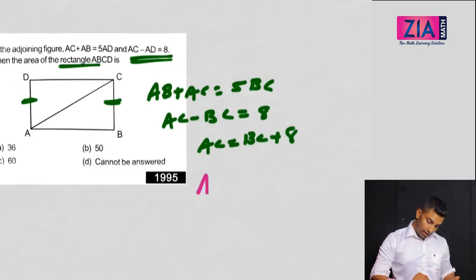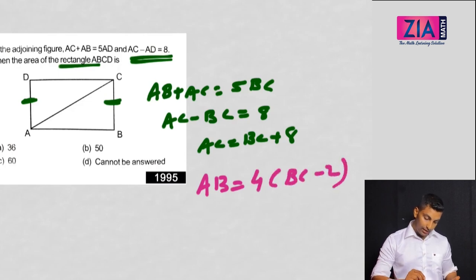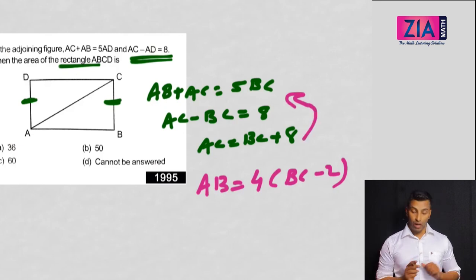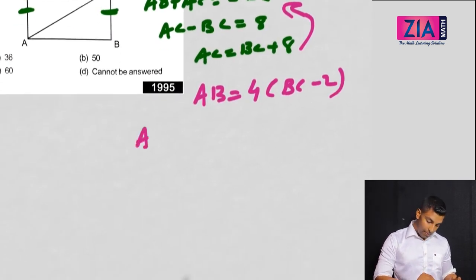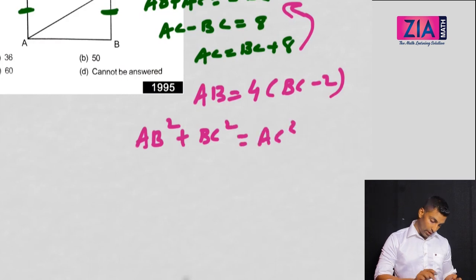Then what is AB? AB will be 4 into BC minus 2. Just substitute and you can get that. Now by using Pythagoras theorem, AB square plus BC square is equal to AC square.